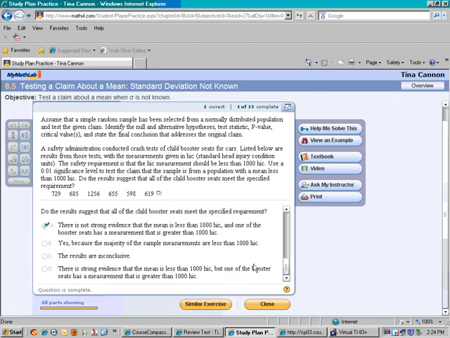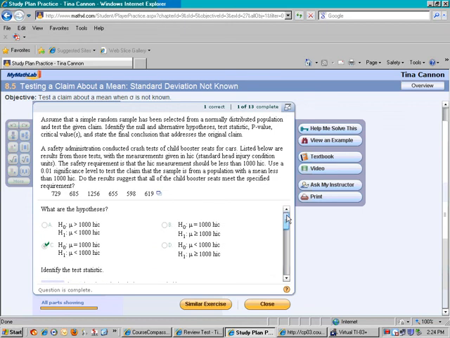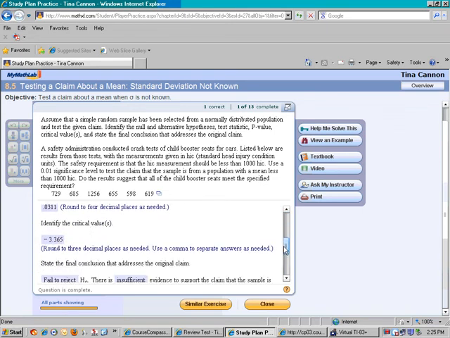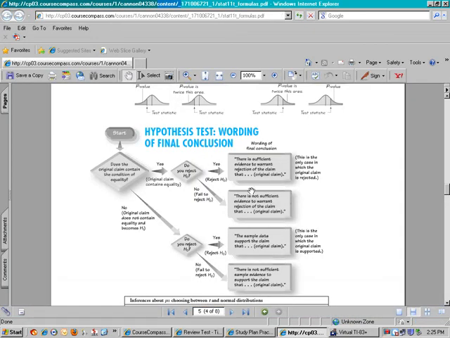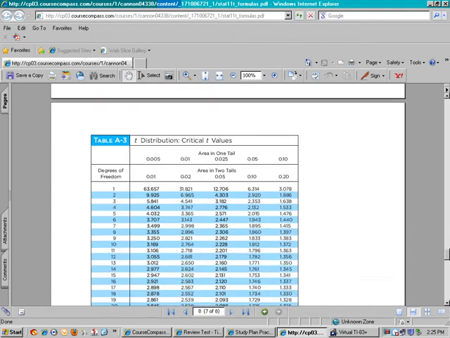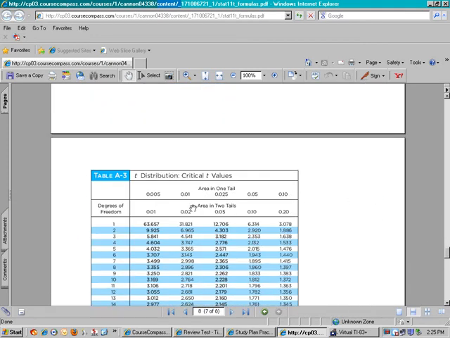So this is an example of where you will use a t-test, and I want you to pay attention to when you do critical values. When you look at your table, do you use a one tail? Do you use a two tail? The only time that you'll use a two tail test is when you have a not equals in your alternative.